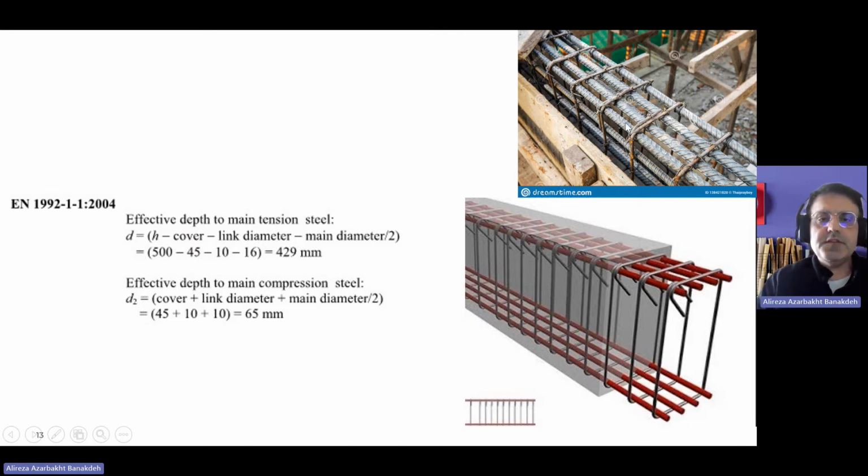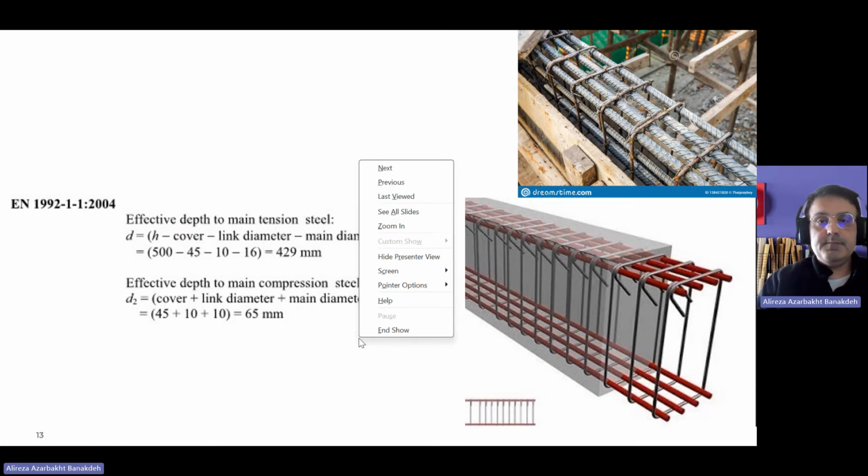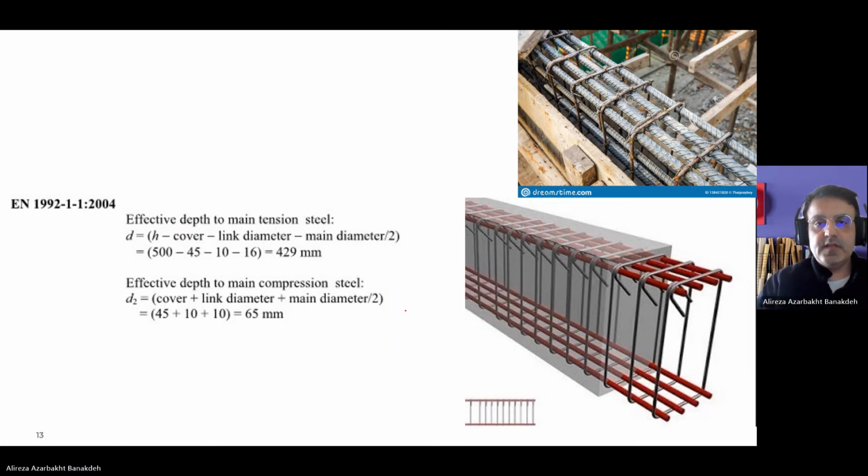So for that purpose, for example, d2, which measures from the top of your concrete to the middle axis of your reinforcements, should be the nominal cover plus link diameter plus main diameter at the top of your section divided by 2. So this main diameter talks about the longitudinal reinforcement at the top of your section.